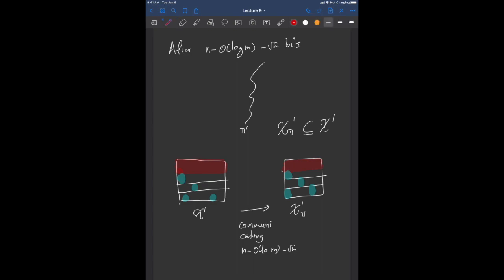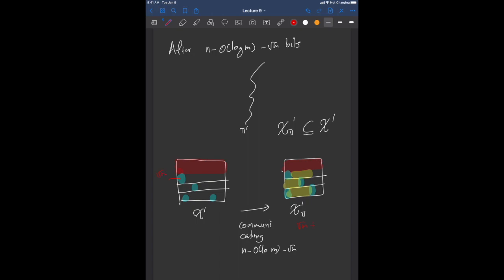So in any unrevealed row, how much more have they learned? They could have learned quite a lot, but they could not have learned more than what was initially there. That was square root m. So this was square root m, right? Plus this thing.